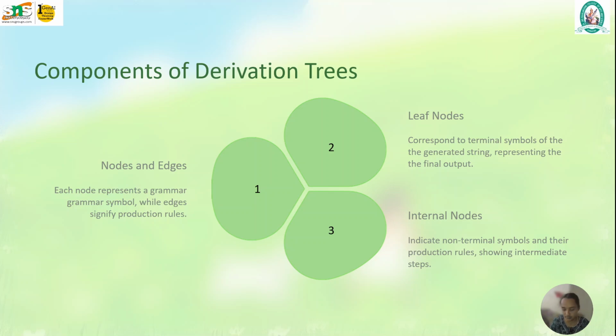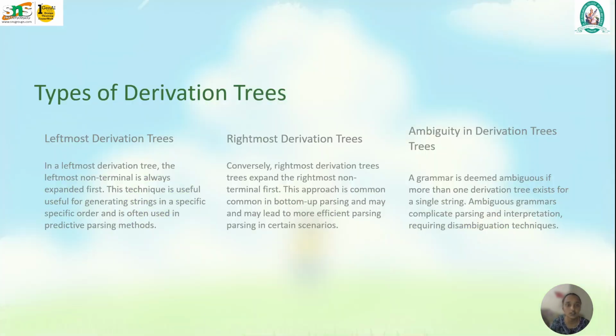Next one, types of derivation trees. There are three kinds of derivation trees: the leftmost derivation tree, the rightmost derivation tree, and ambiguity in derivation trees. The first one, leftmost derivation tree, is where the leftmost non-terminal is always expanded first.